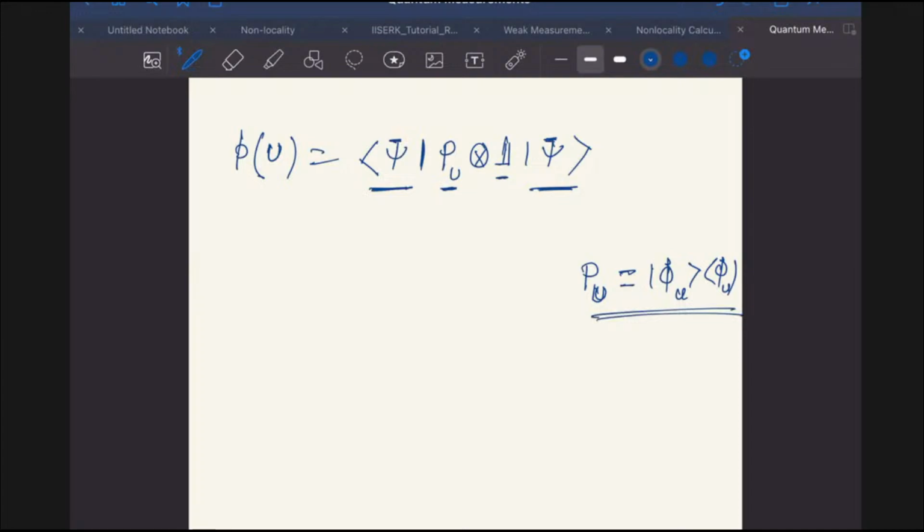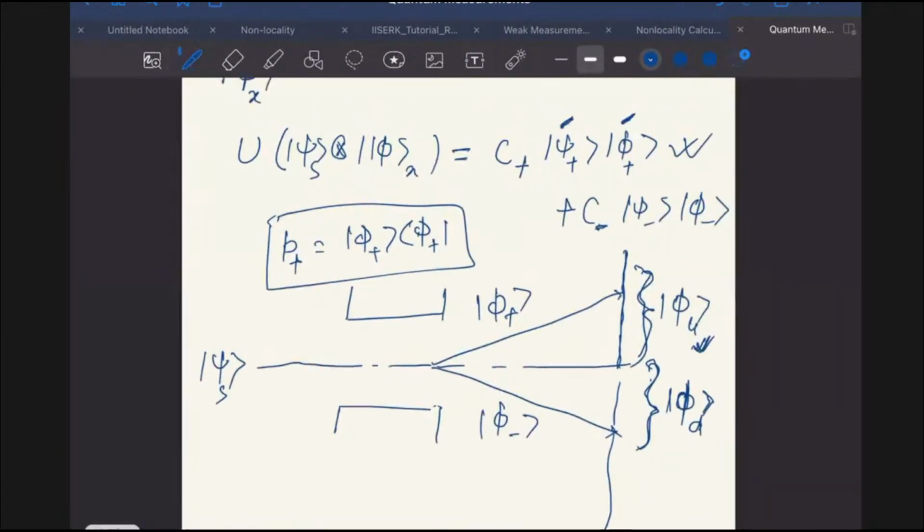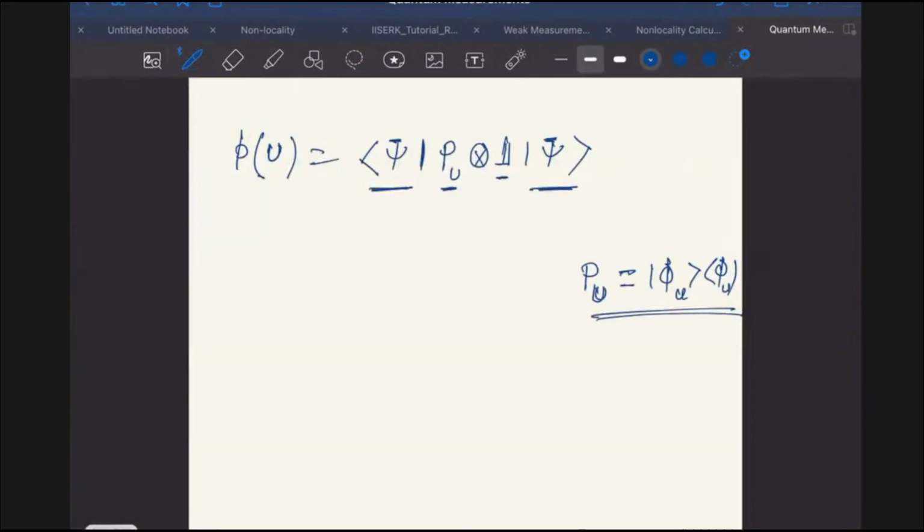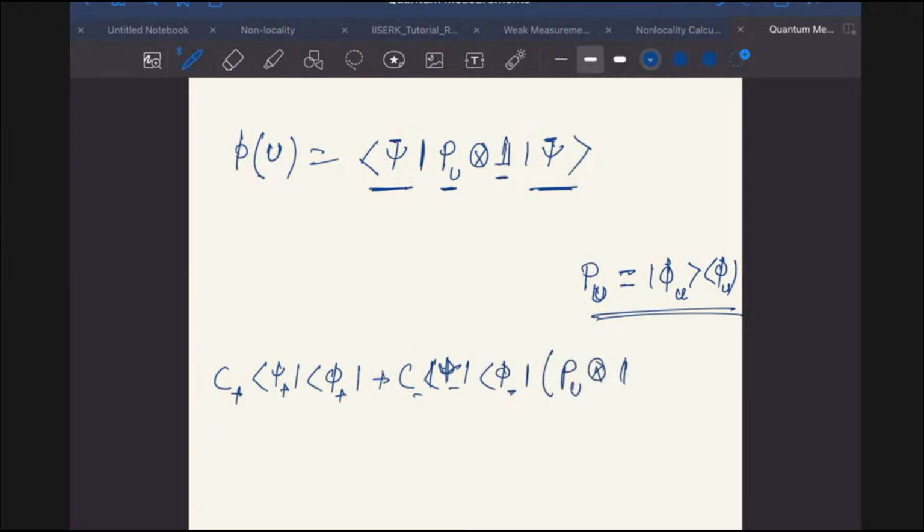So let's just write it explicitly. My wave function was C plus psi plus phi plus, C minus psi minus phi minus, inside this projector, identity cross PU.